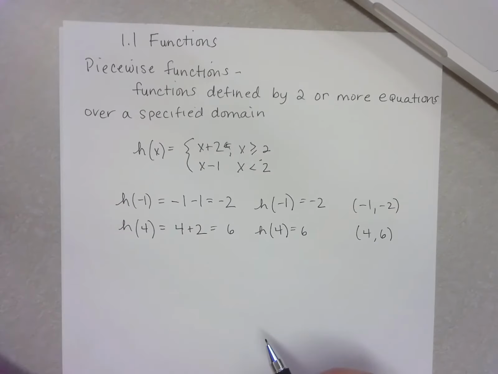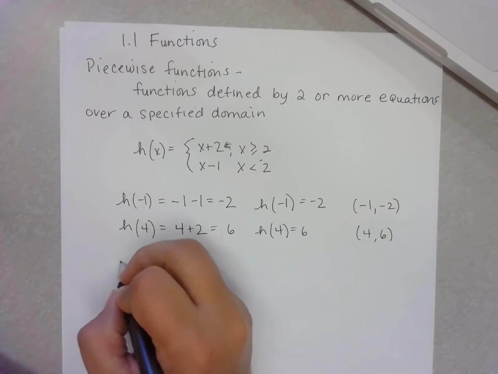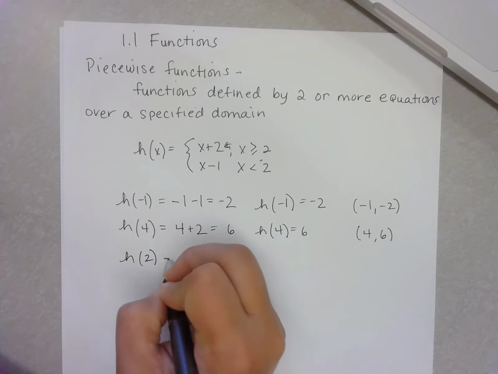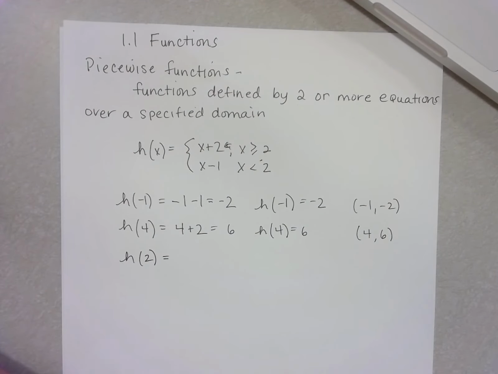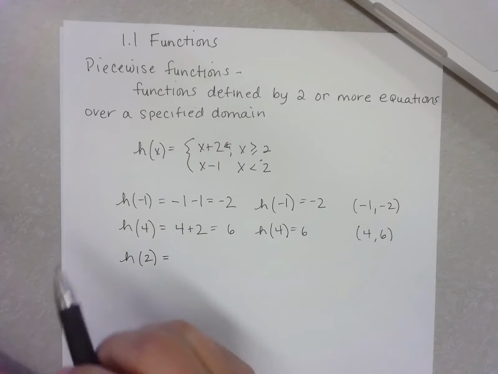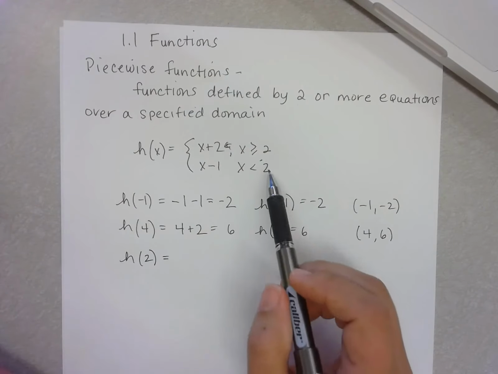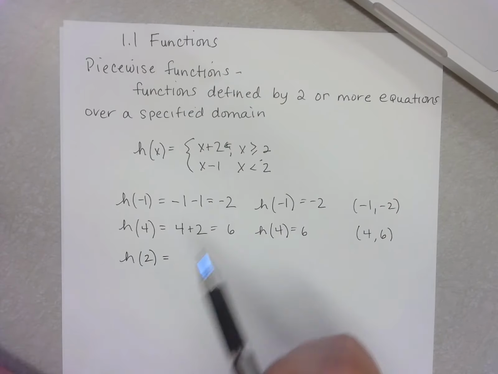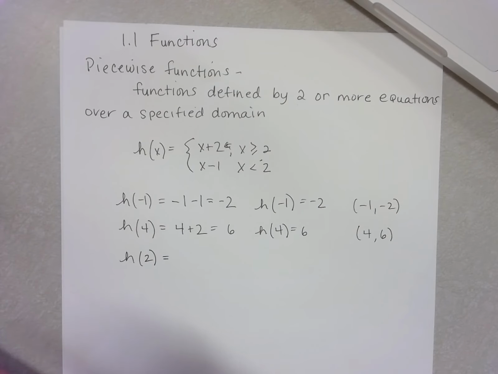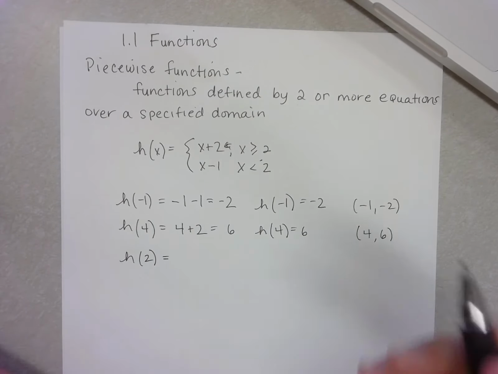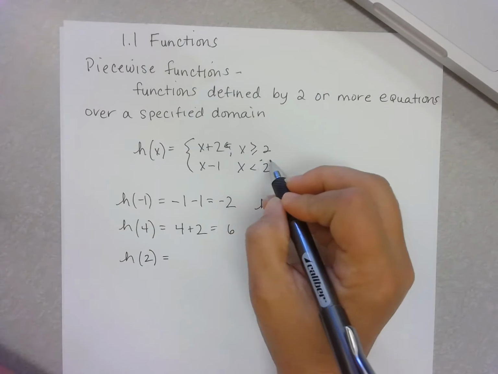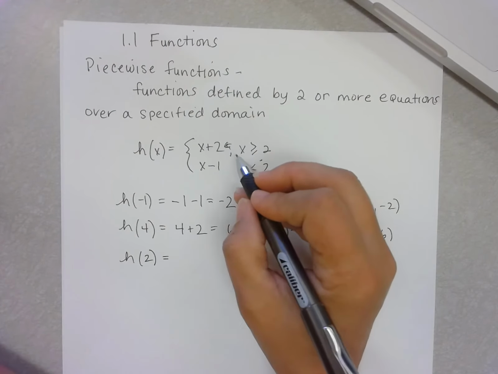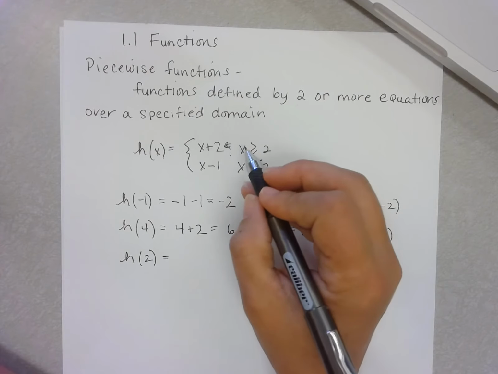All right, so let's do one more of those. How about h of 2? We might need to think about this one a little more carefully, because here 2 is actually where my function changes. I'm looking for the place where h is defined at 2, and that would be in this piece here, because this says x is greater than or equal to 2.